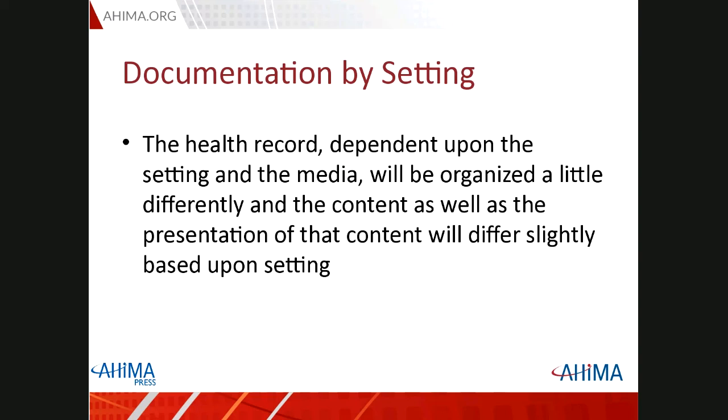So, if we're looking at by setting, the health record, depending on the setting and the media, will be organized a little differently. And the content, as well as the presentation of that content, will differ slightly based on the setting and the organization. Okay?